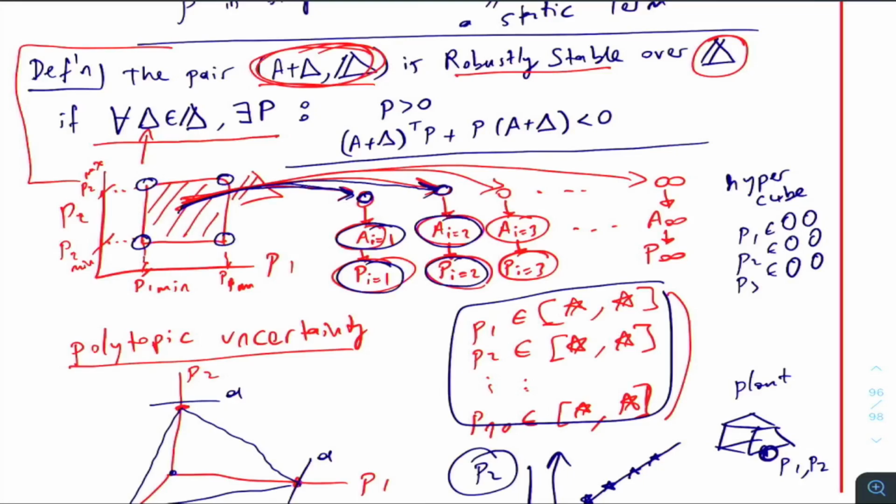Basically, you need to prove in that case 2 to the power of 3, which is 8, cases. For the robust stability problem, you will find 8 different, probably different, p values.